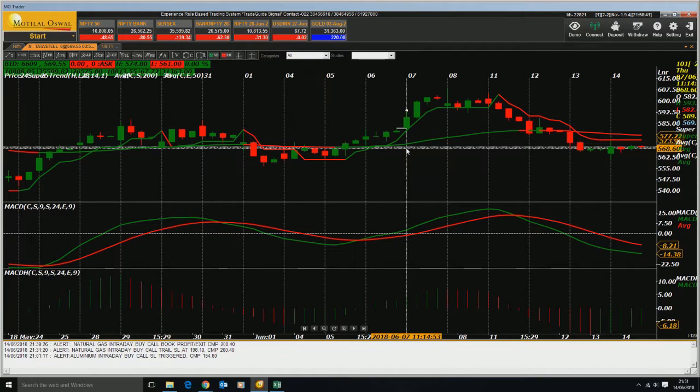So if it goes below 555, then only I'll become short in Tata Steel. Till now, I don't go for shorting opportunities in Tata Steel. I would definitely go for buying opportunity in Tata Steel with my strict stop loss.